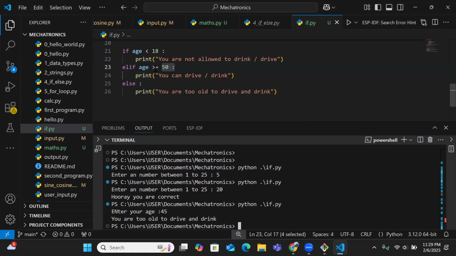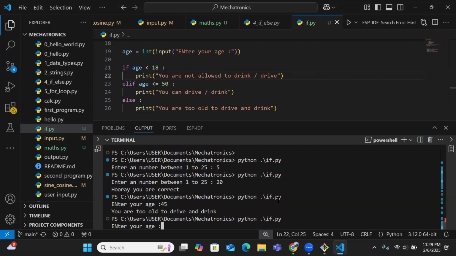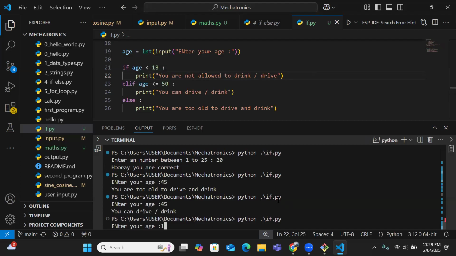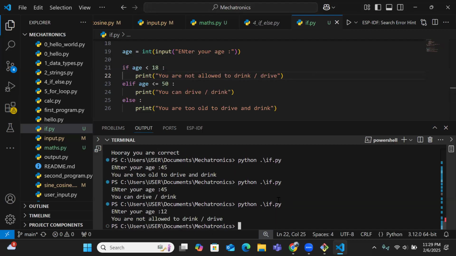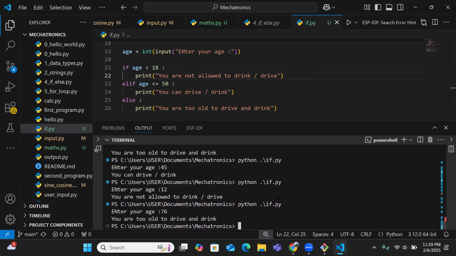So actually here should be less than or equal to 50. So 45, yes, you can drink. If we do 12, you are not allowed to drink. 76, you are too old to drink and drive.